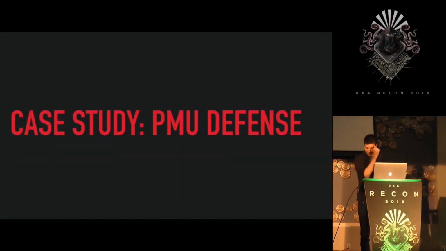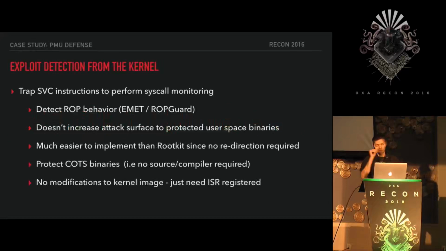So our final case study here is on defense, and just to show you that it's probably more powerful on the defensive side. Same approach, we're going to trap supervisor call instructions, but we're going to do syscall monitoring.